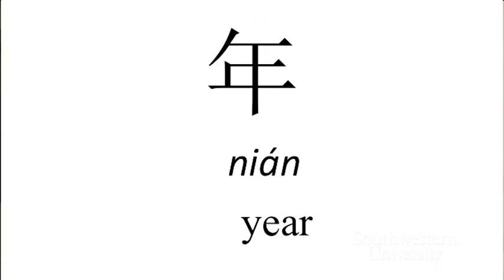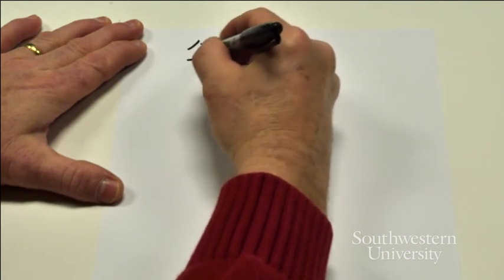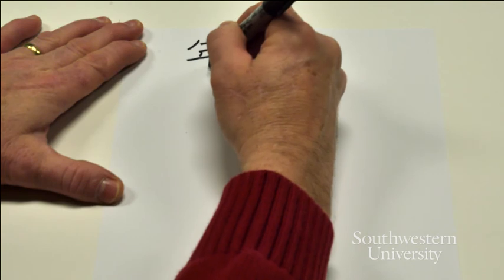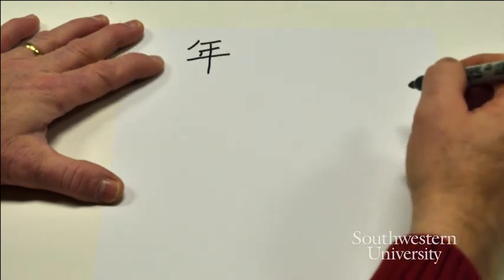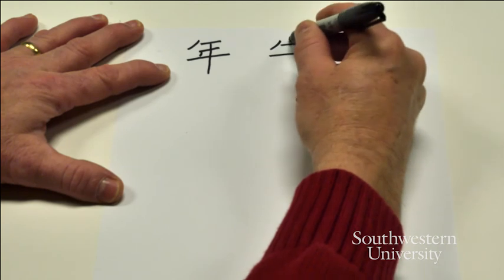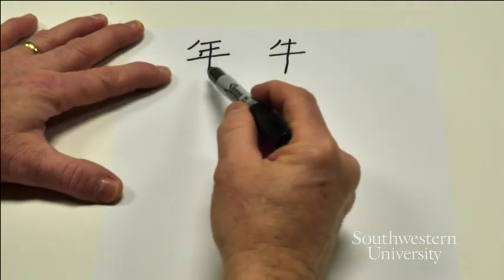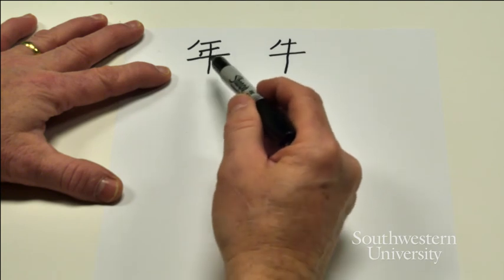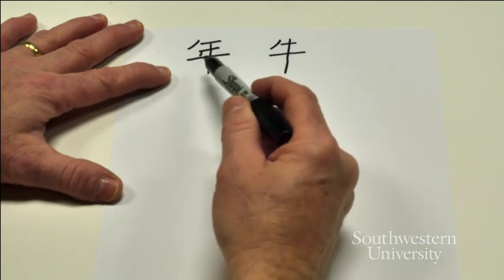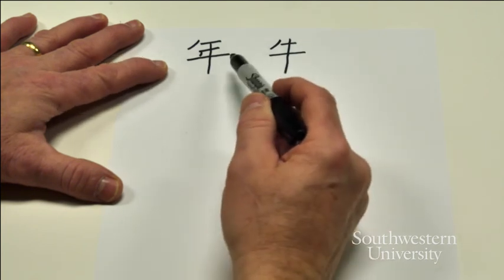Nian. I just have a story for this which has nothing to do with the development of the character, but it might help you to remember it. It looks somewhat like the character for niu. So the story is that everyone wishes each other a Happy New Year because there's a monster, and at the end of the year, it would eat people.